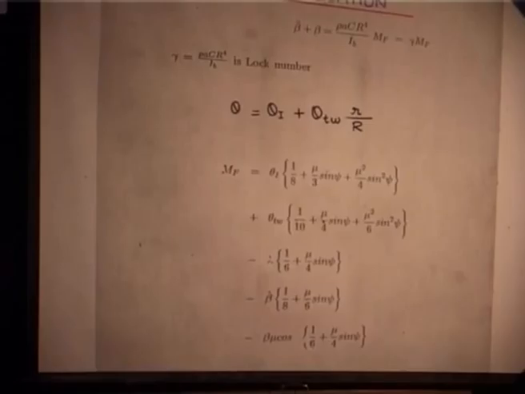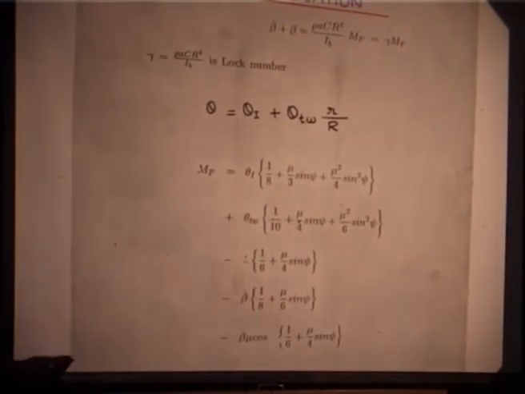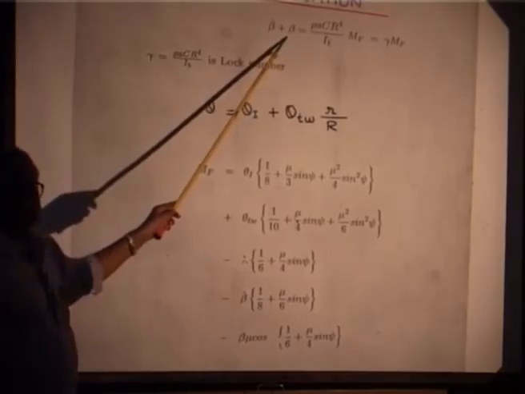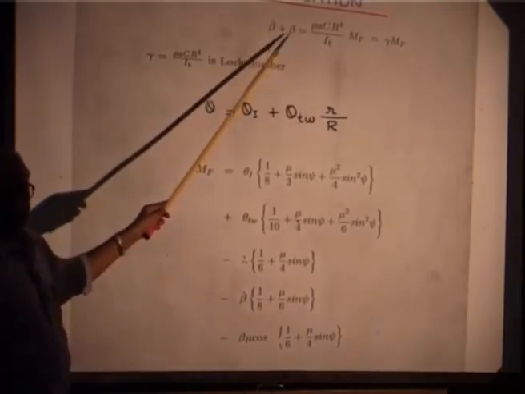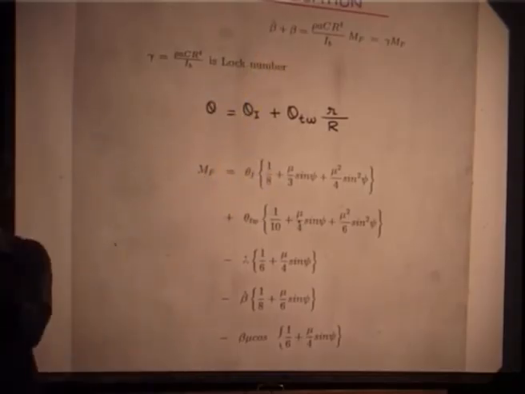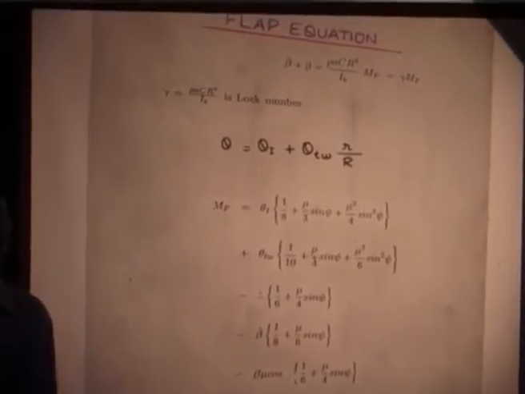But if it is in hover, with no external force, then you ask what the flap frequency is. That means mu is 0 and you will have 1. So your input frequency is also 1 in hover, but in forward flight you will have all the harmonics, please understand.